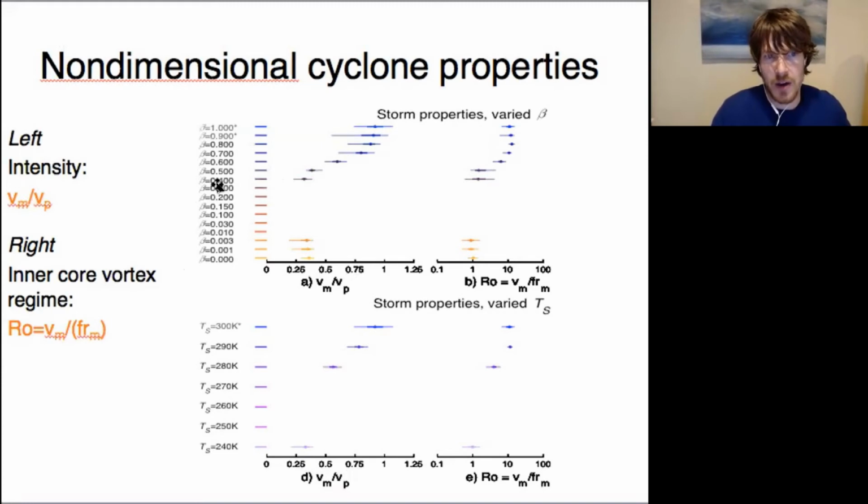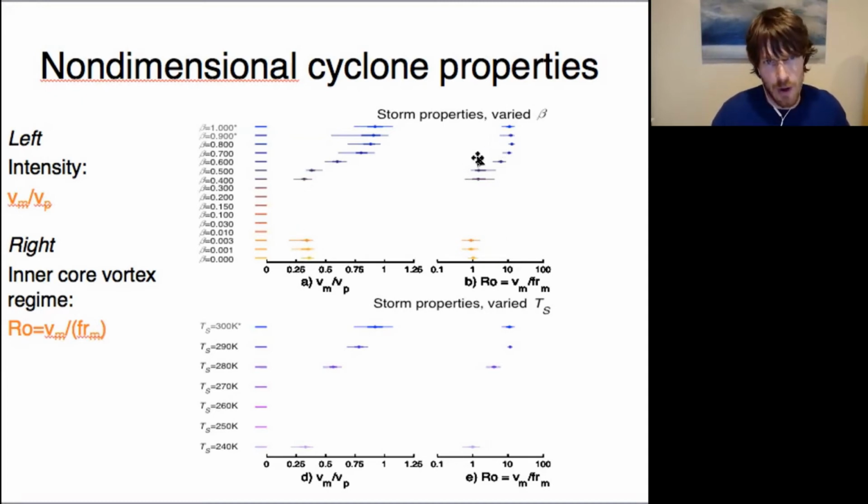By the time you're at beta equals 0.5 to 0.4, you are already at about 0.3 for this ratio, which is the same as the dry storms attain. So this is a gradual transition as the surface is dried, and then punctuated by a range where no storms form, then the same values emerge on the other side of that no storms land.